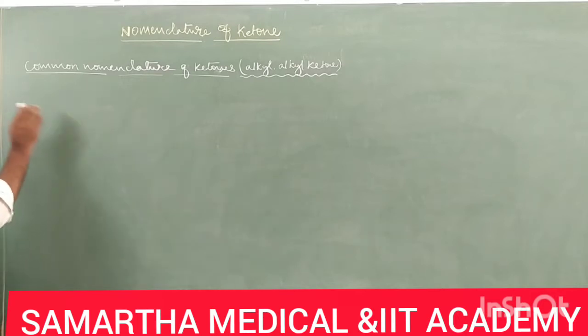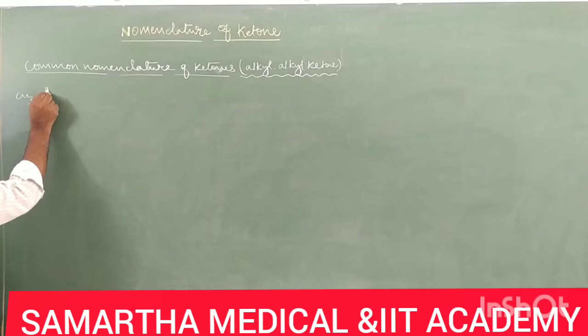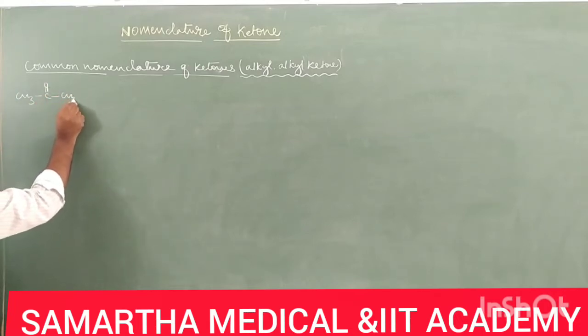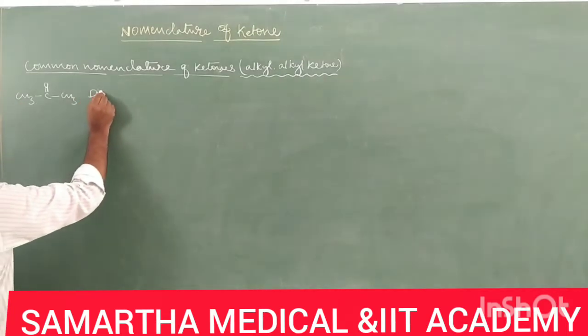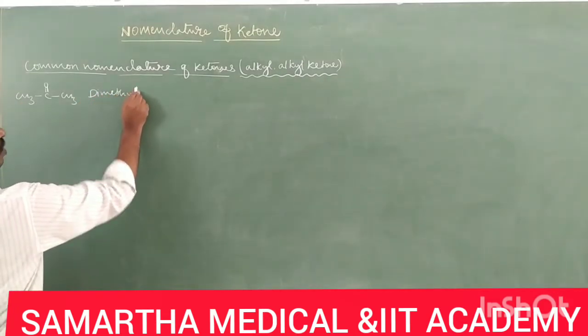For example, let us take the simple ketone with 3 carbons, CH3, C double bond O, CH3. What is its common name? It is methyl, so it becomes dimethyl ketone.